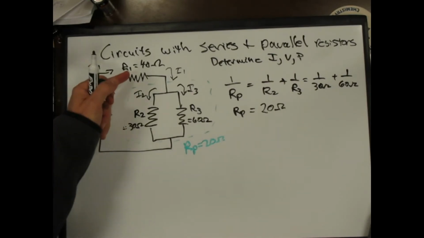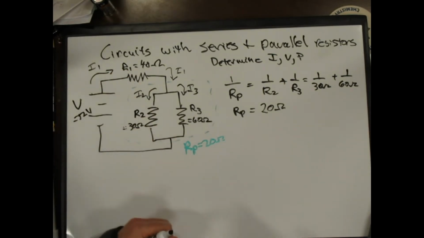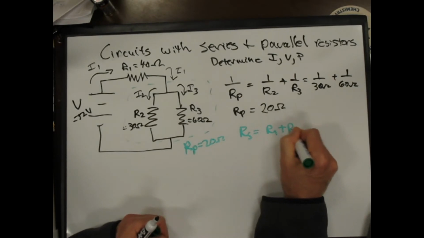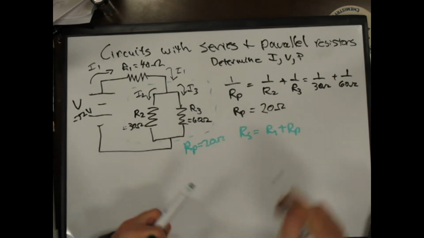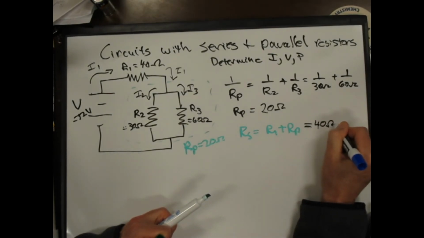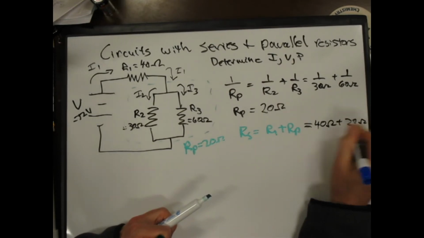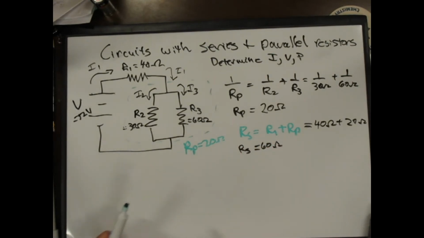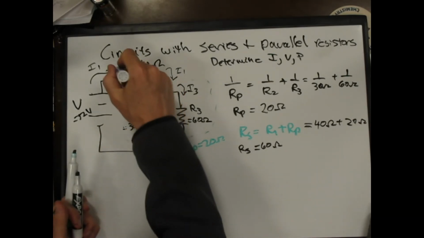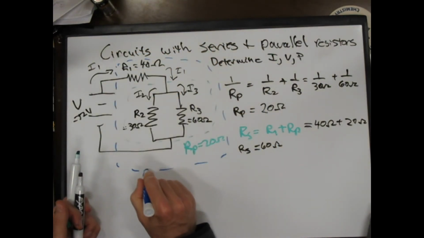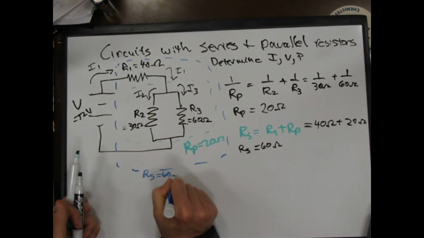Right, and now I have two resistors in series, R1 and R parallel, right? And so I can say R series is equal to R1 plus R parallel, which is 40 ohms plus 20 ohms, which is 60 ohms. Now I can say, look, all of these resistors combined here have a resistance R series, which is 60 ohms.